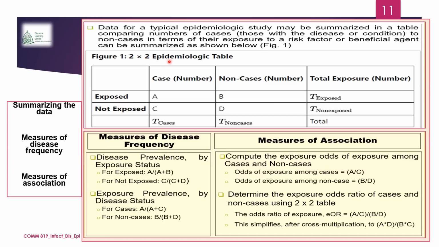So this is a 2 by 2 epidemiologic table. We have cases in one column, then non-cases in another column. Then we have the exposure in the rows, exposed and not exposed. So this is 2 by 2. A typical 2 by 2 epidemiologic table is usually presented like this.